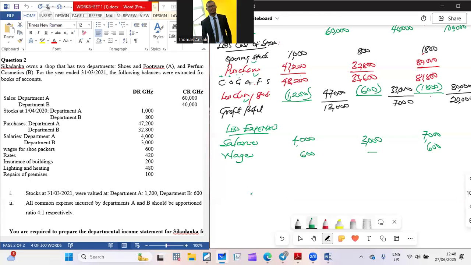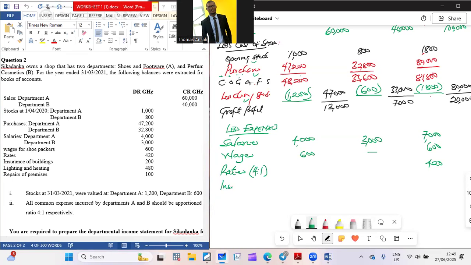Then we have the next expenses. Those ones are really the common ones. Rates. So you put the total straight ahead, which is 420. Then you get the apportionment. What is the apportionment? The question gave you: all common expenses incurred by department A and B are to be apportioned respectively in a ratio of 4:1. So I hope you can start doing the apportionment.